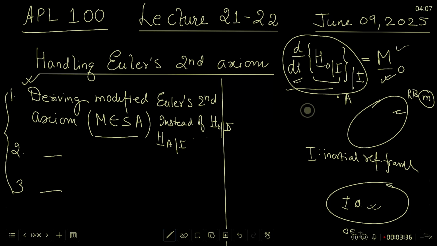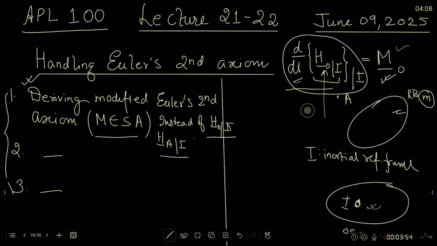Modified Euler's second axiom will set us free from the restriction that this point O, about which we are computing the angular momentum of the RB, has to be fixed in I. So in the original Euler's second axiom, that point has to be fixed.